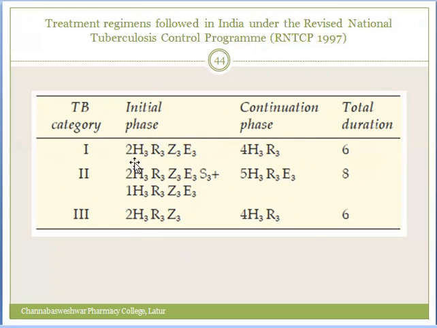So you will see that each drug shows the subscript 3, that means the dosage is given thrice weekly. So in the initial phase, isoniazid, rifampicin, pyrazinamide, ethambutol, all drugs are given thrice weekly for 2 months. That 2 indicates 2 months. And in the continuation phase, isoniazid and rifampicin are given thrice weekly up to 4 months, and the total duration is 6 months. So category 2, total duration 8 months, and category 3, total duration is 6 months.